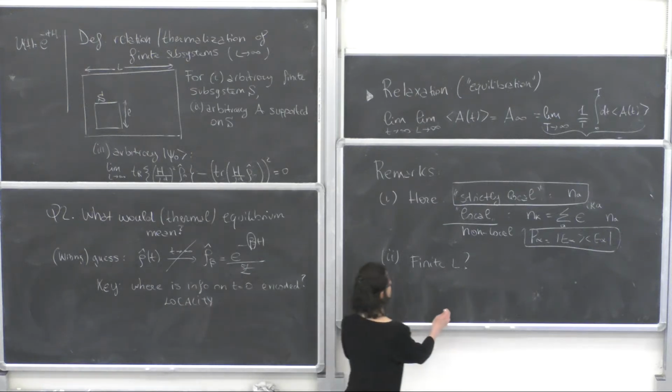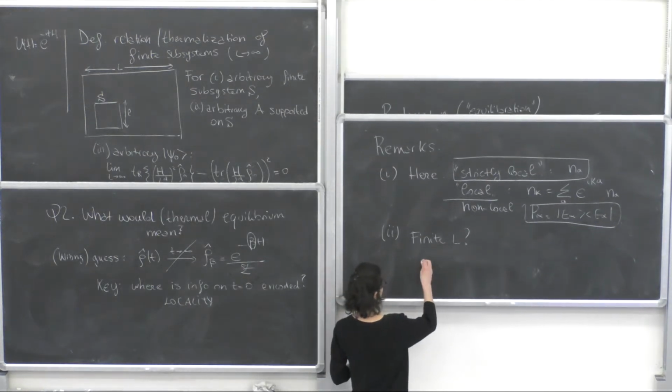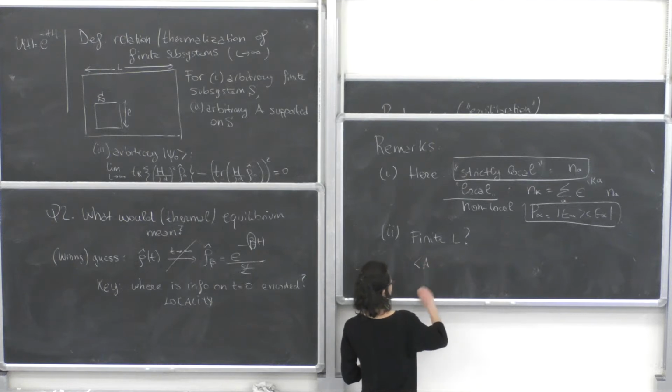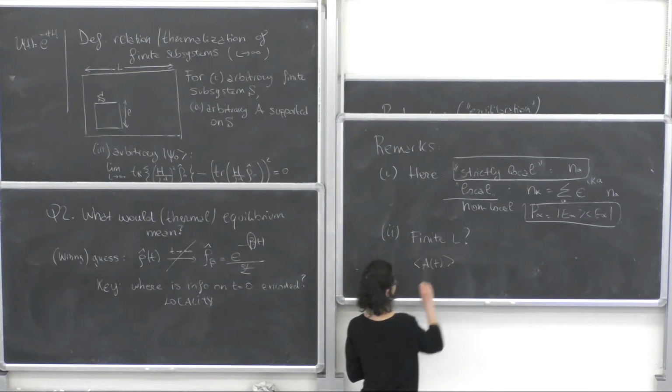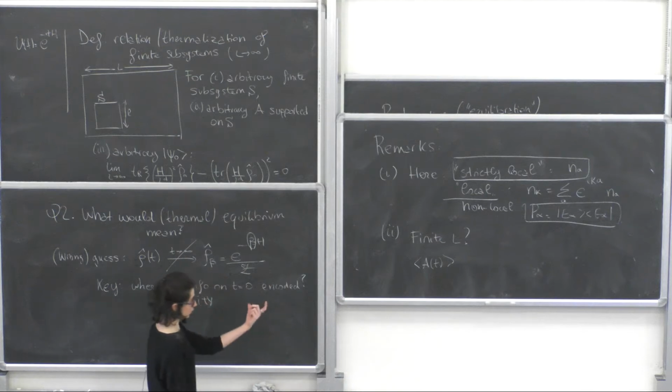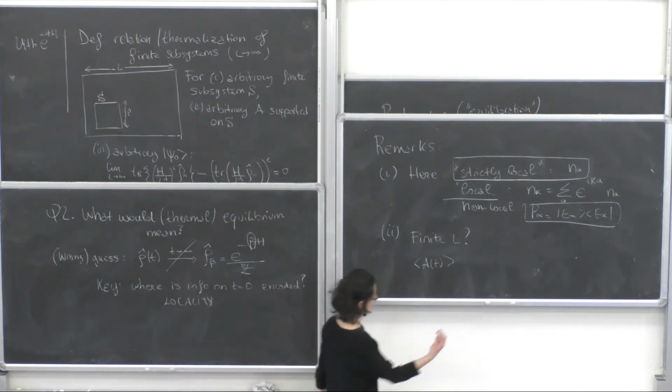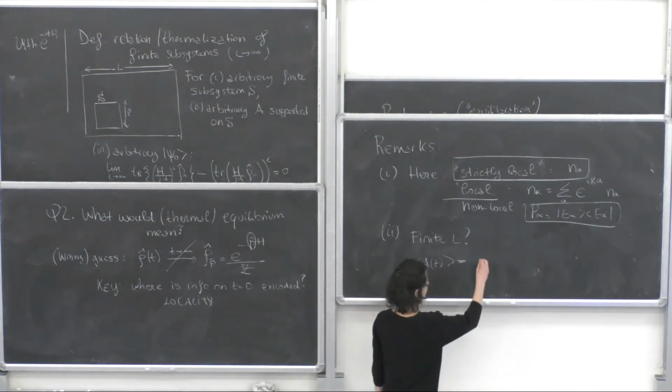One way to see this is that you take your expectation value and compute it in a basis of eigenstates of your Hamiltonian.